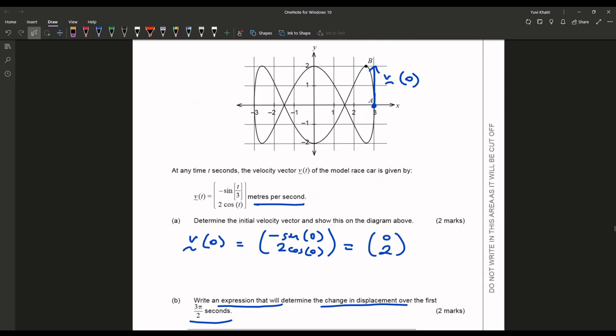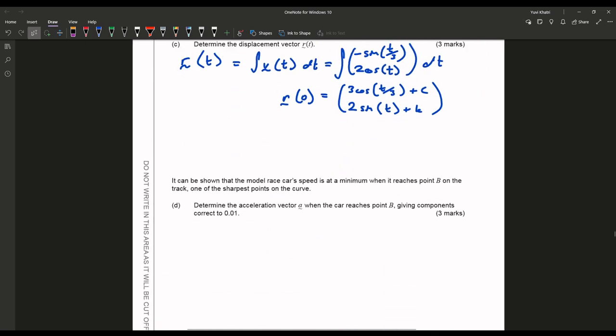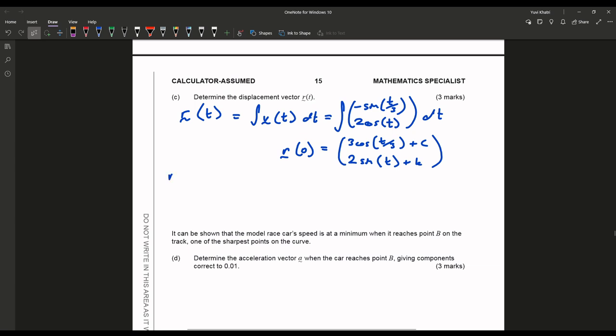Now we need to find c and k. If we scroll up here, the initial position is point A at 3, 0. So at t equals 0, we have our position as 3, 0. Subbing all of that in, we get 3 cosine of 0, because it's 0 over 3, and 2 sine of 0, plus c plus k.